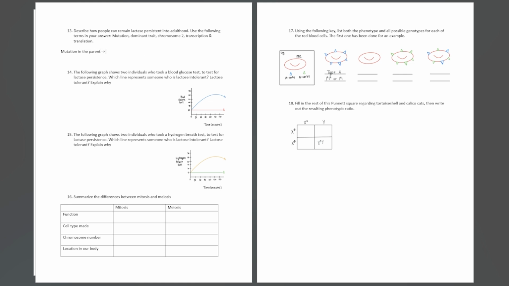This mutation affects the lactase gene. Lactase is the enzyme that breaks down lactose. So we have a mutation in the parent, which then has to result in a child with a mutation.